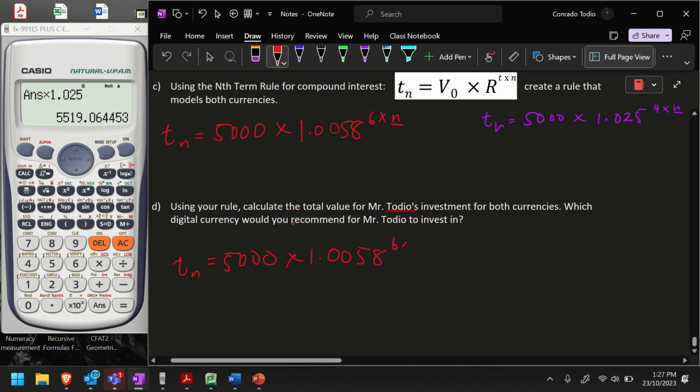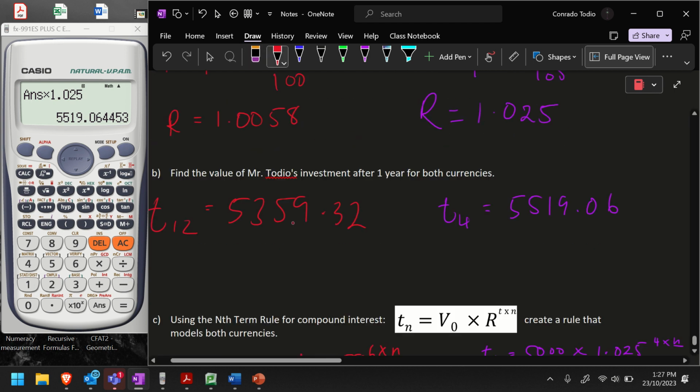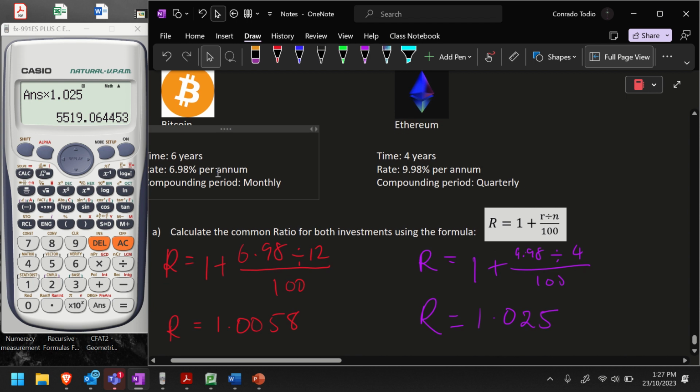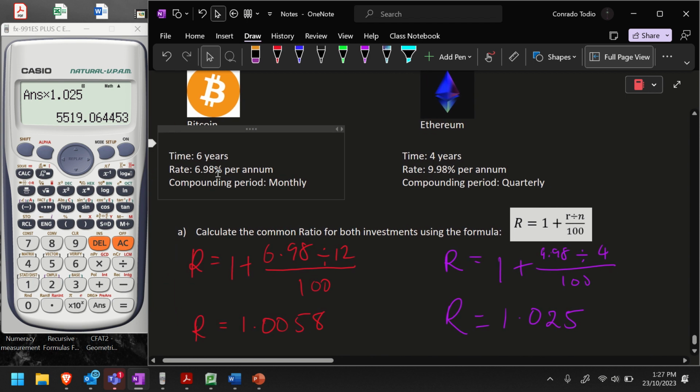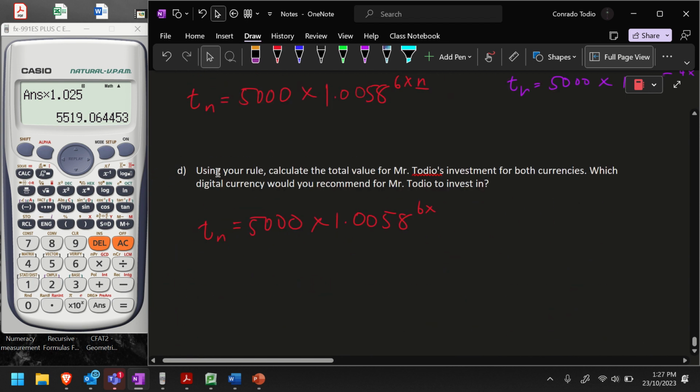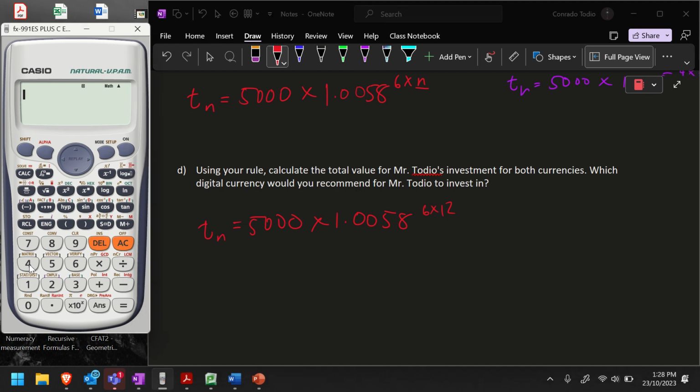Now, what's the number of compounds for this? What does it say? Monthly, yeah? So how much times is that per year? 12. So some of you might actually just be tempted to just go 6 times 12, which is 72. And that's fine. But you can just leave it as 6 times 12 in your calculator.